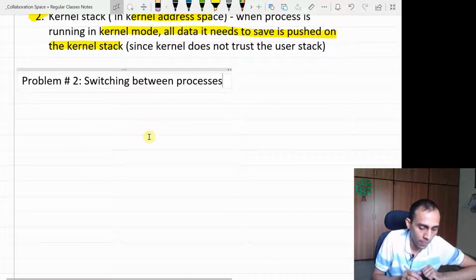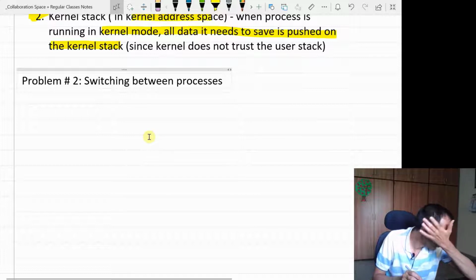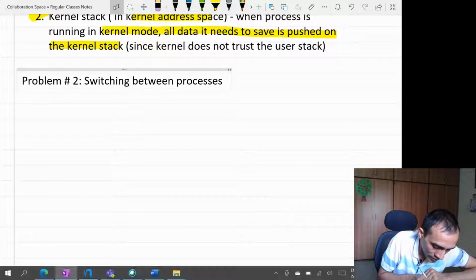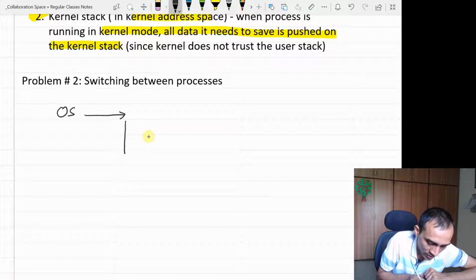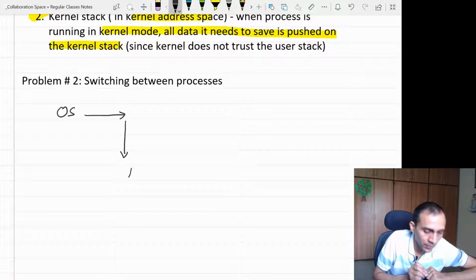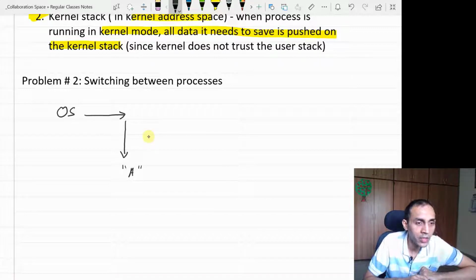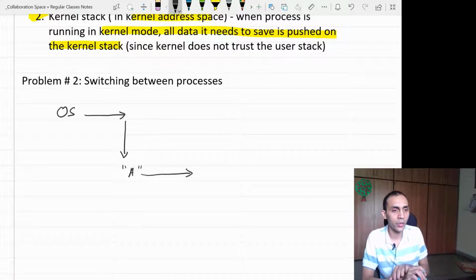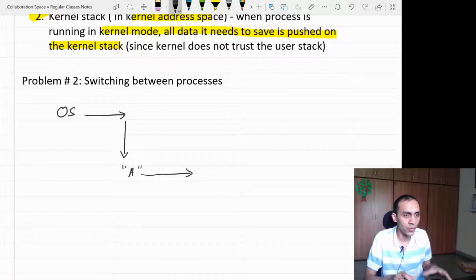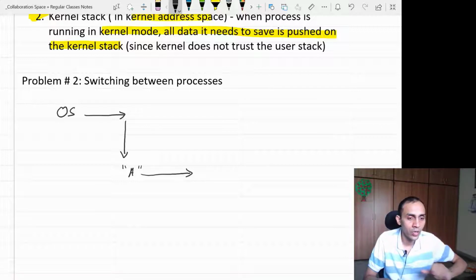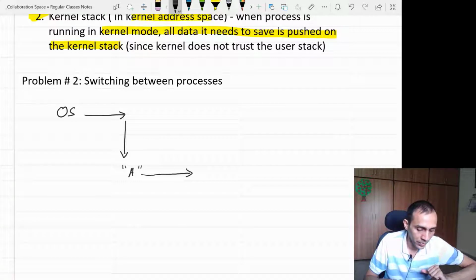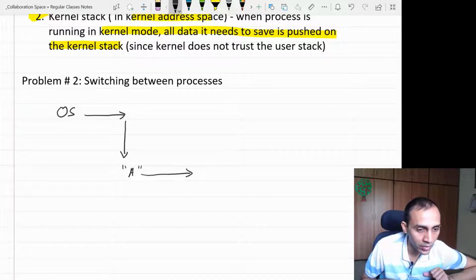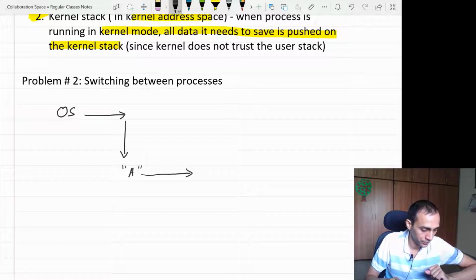As I said, if the OS is running and then gives another process A the CPU to run, how does the OS regain control? If the OS wants to switch to another process, it needs to regain control. But when process A is running, the OS is not running on the system, so it has no control at that point in time. How can the OS regain the control?